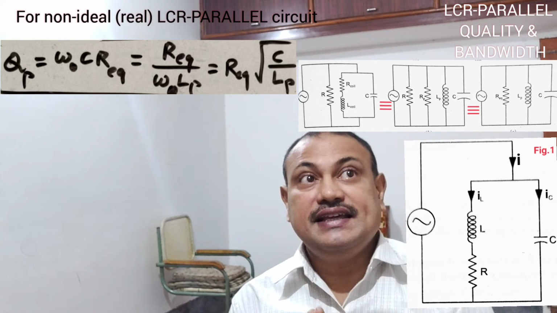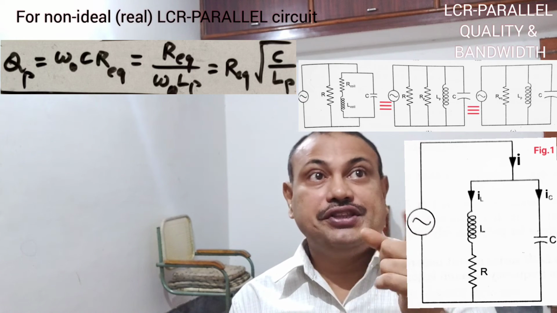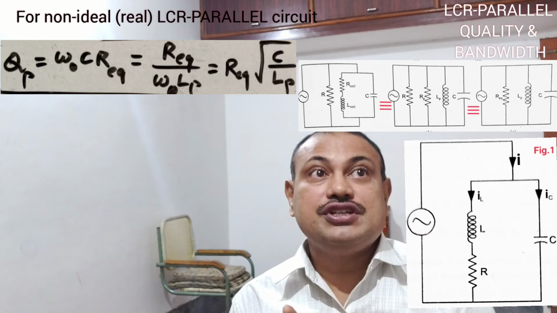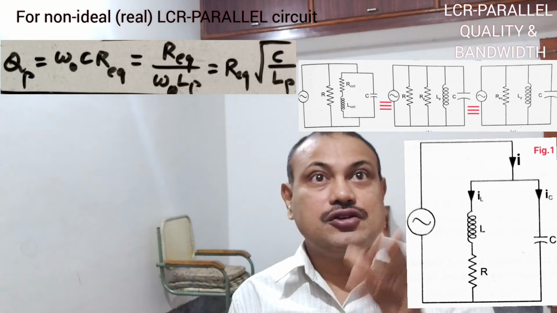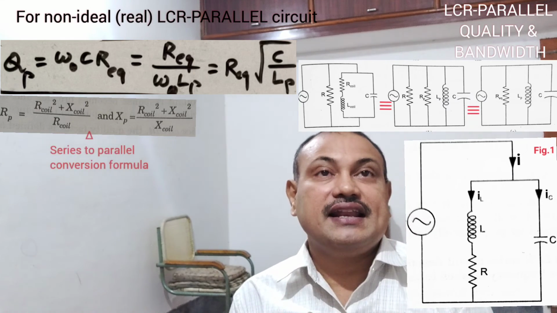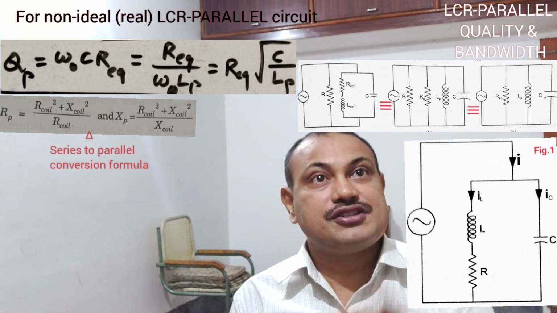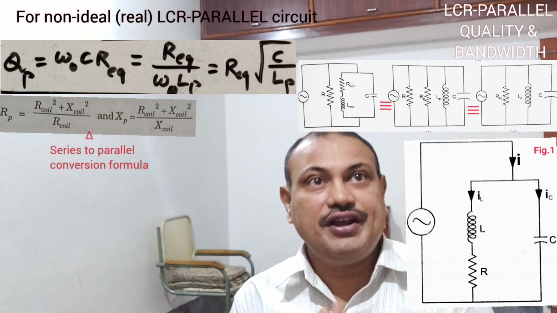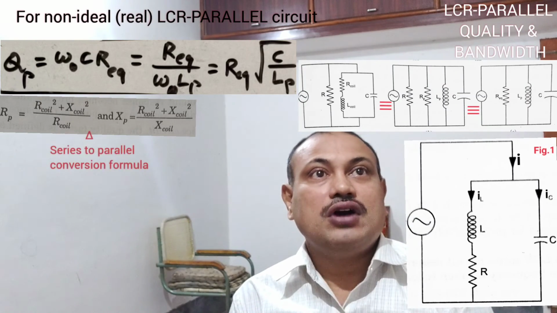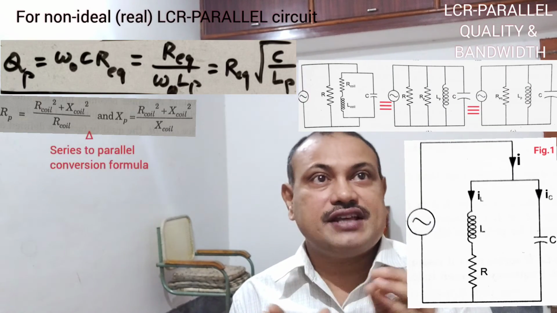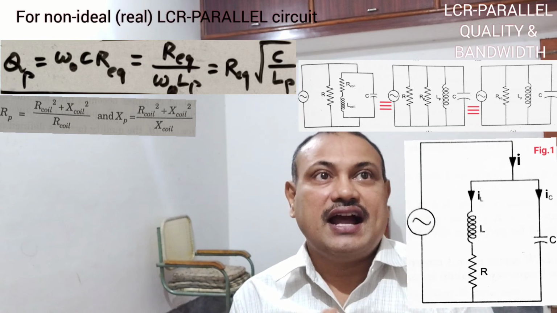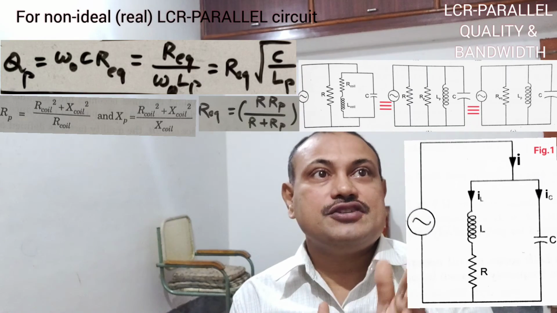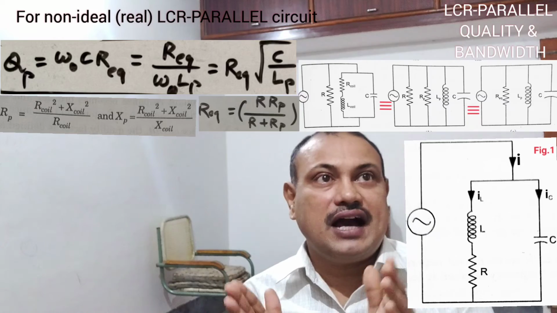The equivalent circuit with its components is shown using series to parallel conversions with the formulas: R parallel is equal to R coil square plus X coil square upon R coil, XP is equal to R coil square plus X coil square by X coil, and R equivalent is equal to R times RP by R plus RP.